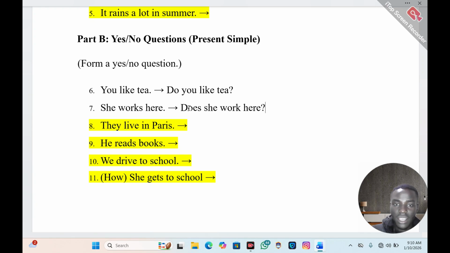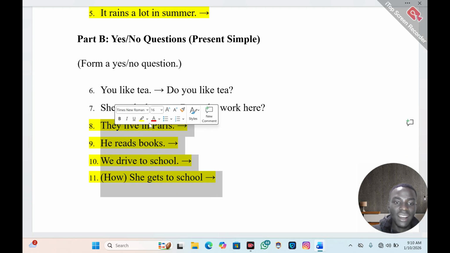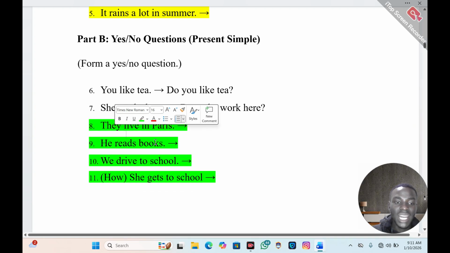Does she work here? Yes, like this. Now I want you to do these remaining sentences and let me know in the comment. They live in Paris. He reads books. We drive to school. Form the yes or no question in simple present tense using do or does.